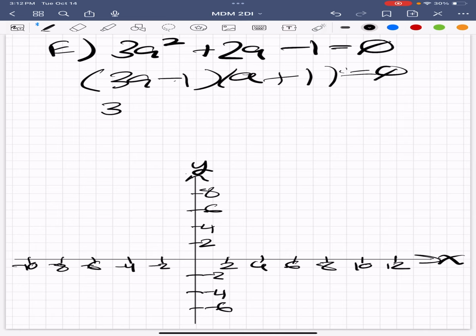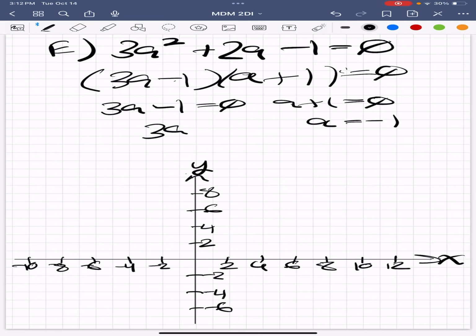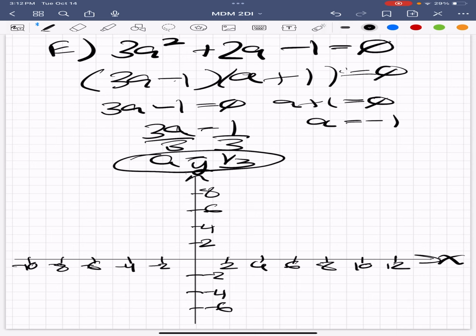And then we have 3a minus 1 equals 0, and a plus 1 equals 0. So a equals negative 1. 3a equals 1, divide by 3, so a equals 1 over 3. And then we bring this down, a equals negative 1.